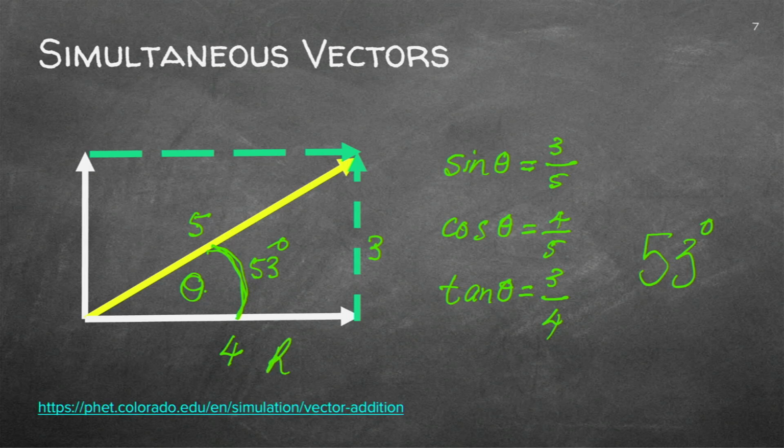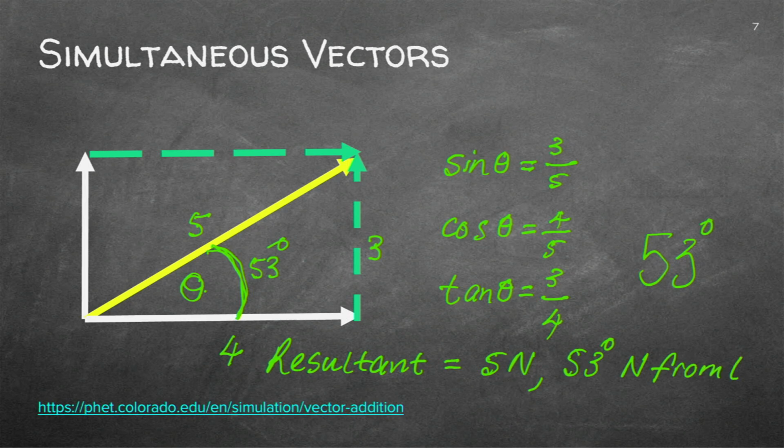My answer will be the resultant of the two simultaneous vectors is 5 Newton, and then you will have to say the angle was 53. You could say 53 degrees north from east. So you started here at the east, you went 53 degrees to the northern side, and there you've got your resultant. So anybody can find the resultant by having the instructions that you've got.